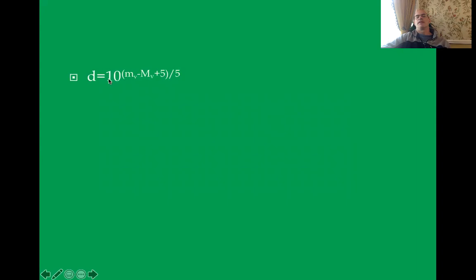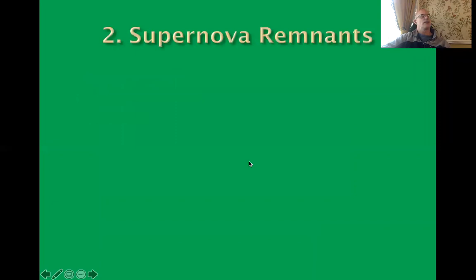If we solve that for d, we get d is equal to 10 raised to the power of the apparent minus the absolute magnitude plus 5, all divided by 5. And if we do that, we'll get, in this case, 10.5 megaparsecs.